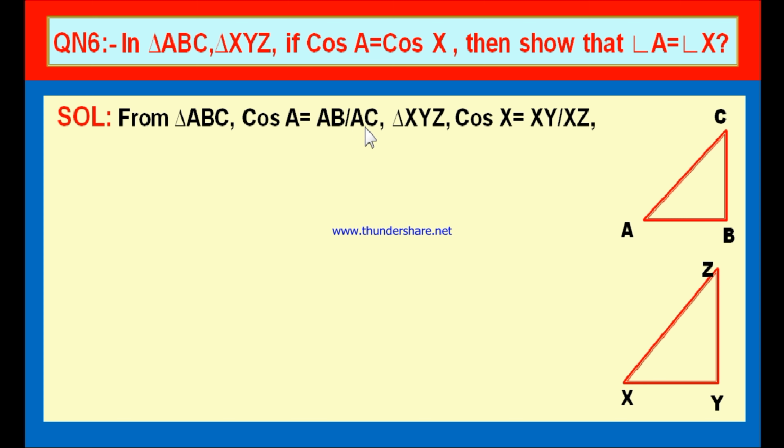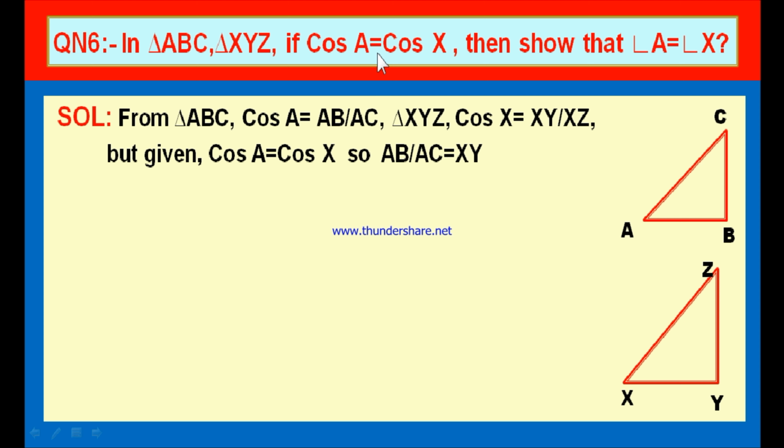Similarly, from triangle XYZ, cos X is equal to adjacent side XY by hypotenuse XZ, XY by XZ. But it is given that both are equal, cos A is equal to cos X, isn't it? Therefore, let us equate these two ratios. First ratio AB by AC is equal to second ratio XY by XZ.